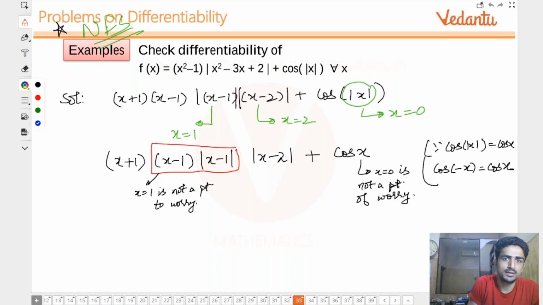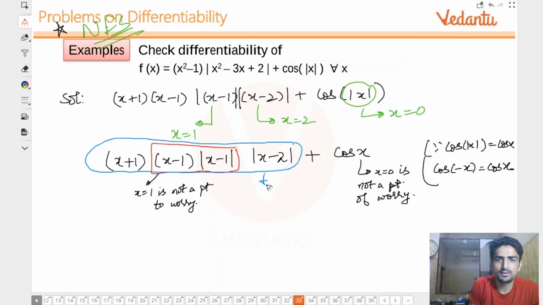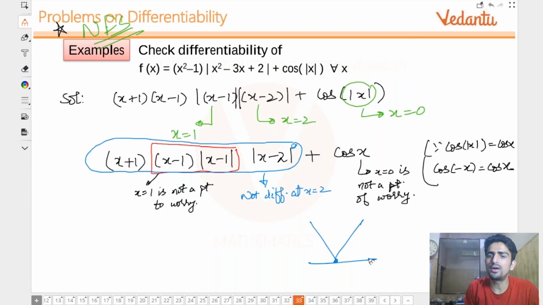This sharp point can only be removed when either I increase its degree or I multiply it with 0. Otherwise, it cannot be removed. So that is how you have to think about it.